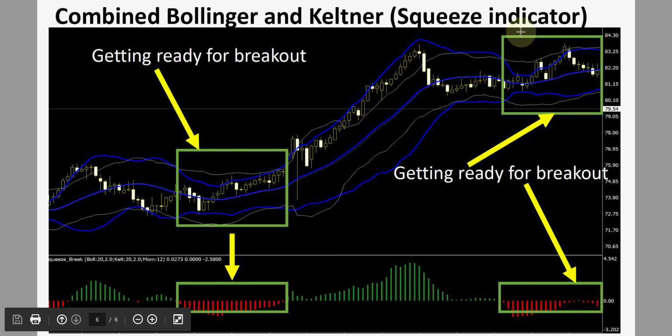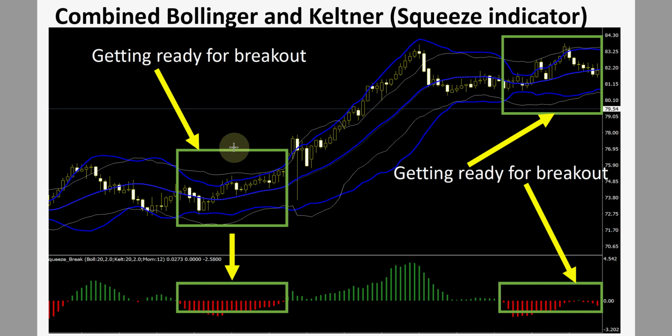The Bollinger Band is inside the Keltner Channel in this box, and that is reflected in the squeeze indicator. So as an example, a typical breakout trading system will enter a long position following a candle that closes above the upper Bollinger Band and Keltner Channel. That is after consolidation is over.